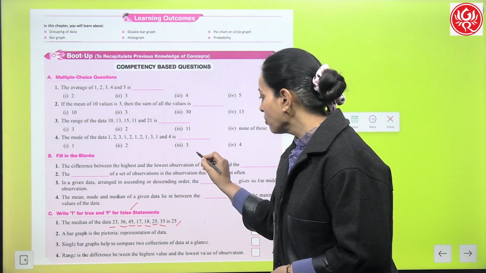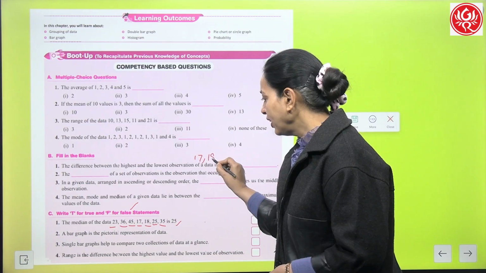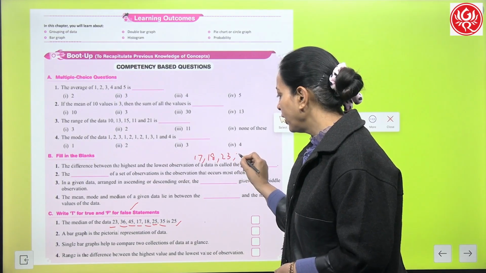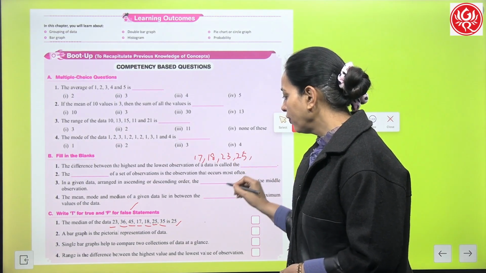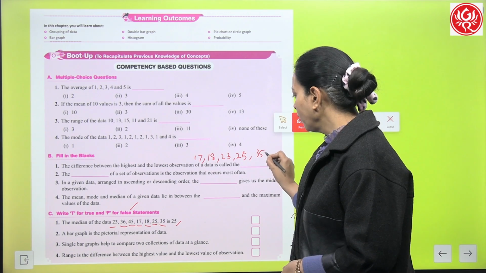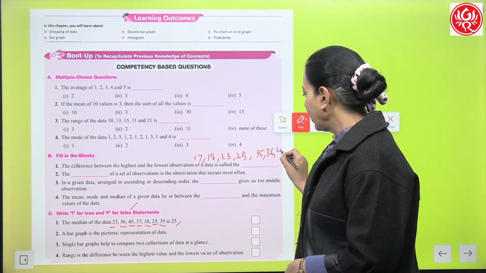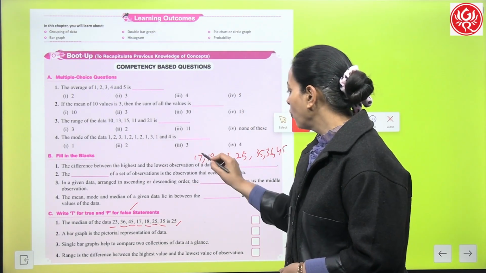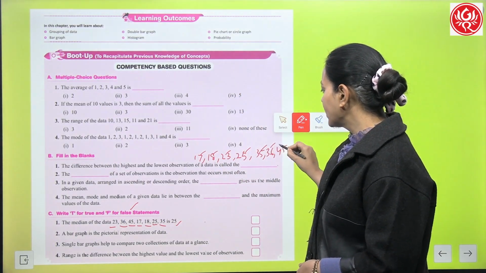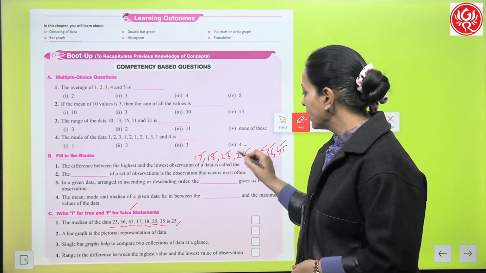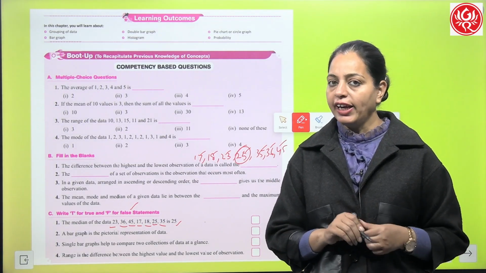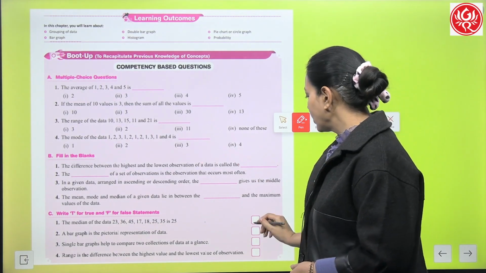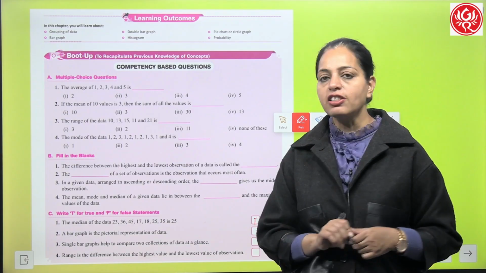So lowest term is 17, then 18, then we have 23, then 25, then 35, then 36 and then 45. Total 1, 2, 3, 4, 5, 6, 7. So middle value is 7 plus 1, 8 by 2, means fourth term, that is 25. So the answer is 25. This is true, right?